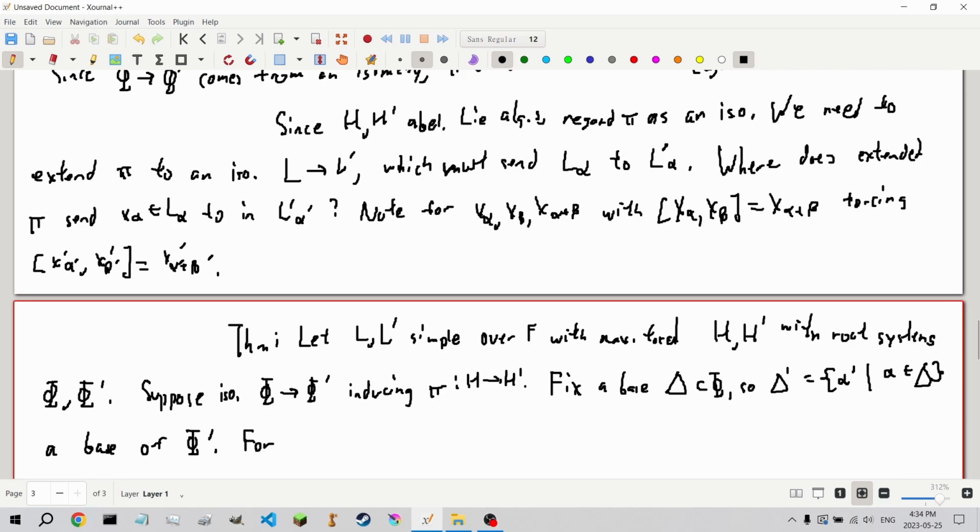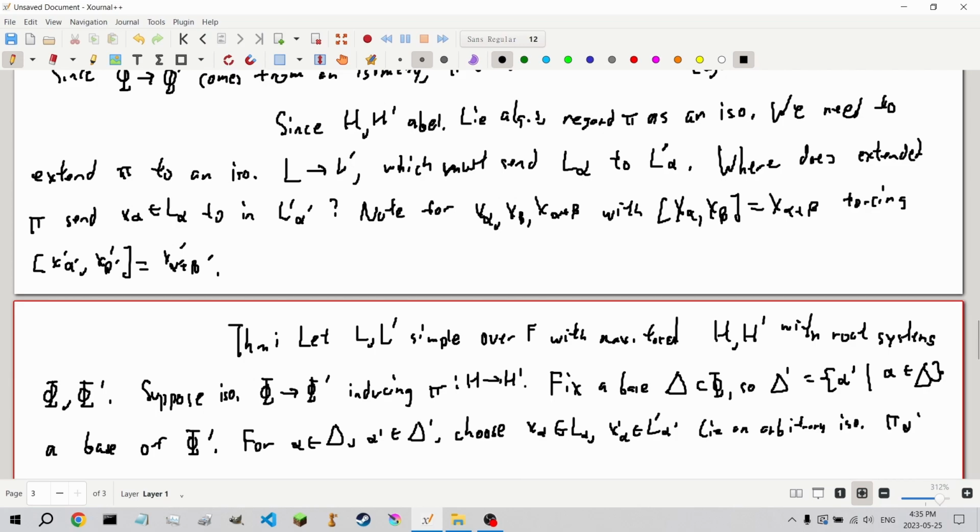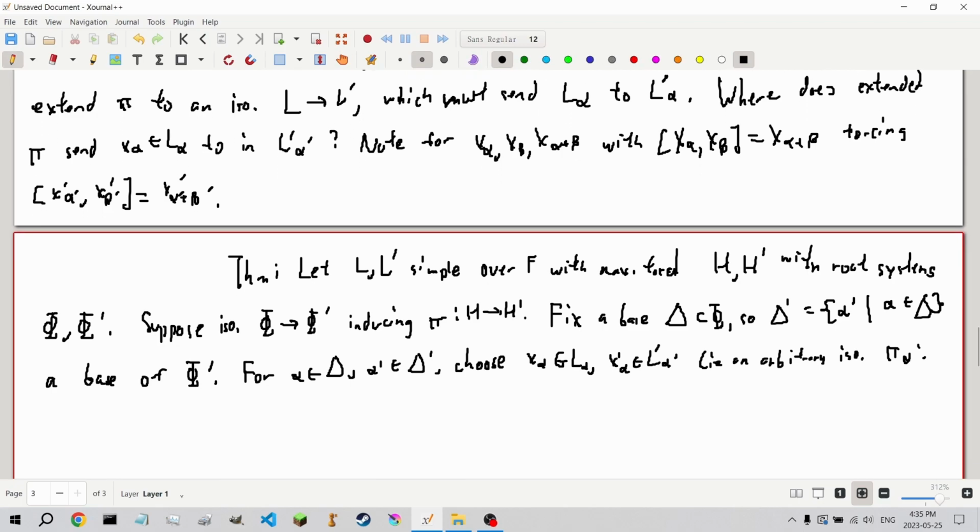And for alpha in delta, alpha prime in delta prime, we want to choose arbitrary x alpha in L alpha, x prime alpha in L prime alpha prime, i.e. an arbitrary algebra isomorphism pi alpha from L alpha to L prime alpha prime.